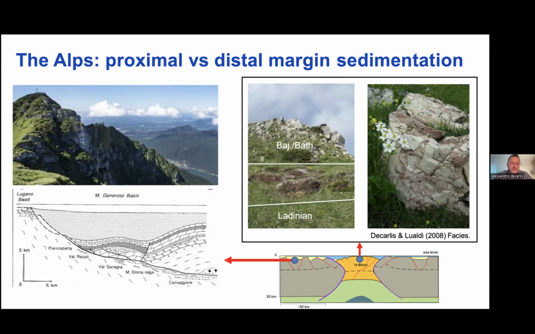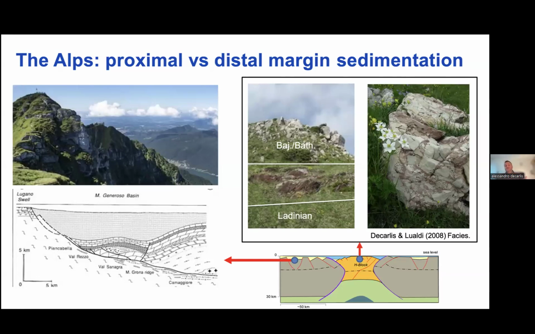Daniel Bernoulli made his PhD thesis on this area, and they are simply beautiful half graben systems filled with lower Jurassic carbonate. Most of this material is just carbonate mud or carbonate recycled from a platform that you have on top.